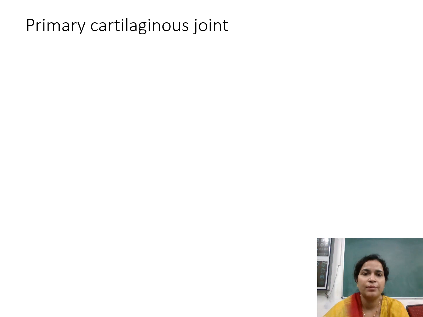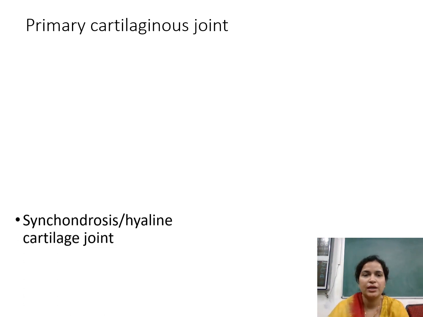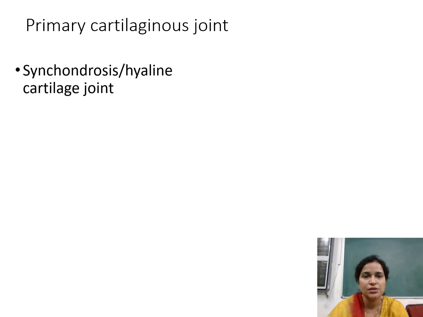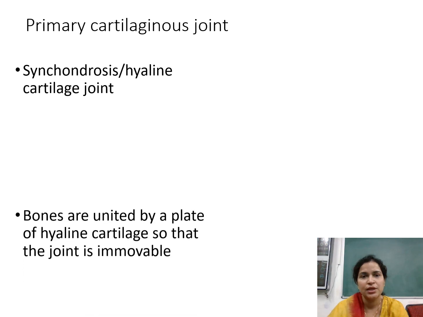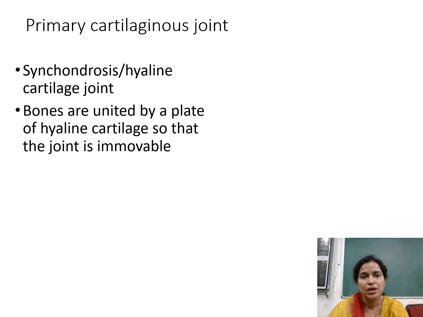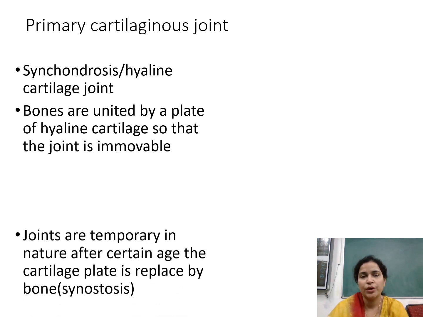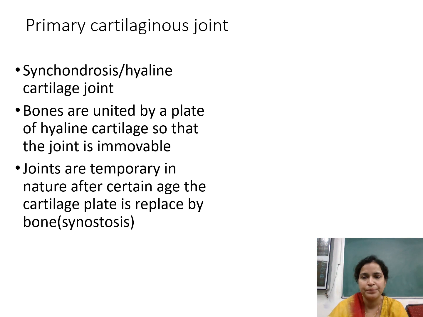Primary cartilaginous joints are also called synchondroses or hyaline cartilage joints. Bones are united by a plate of hyaline cartilage, so the joint is immovable.